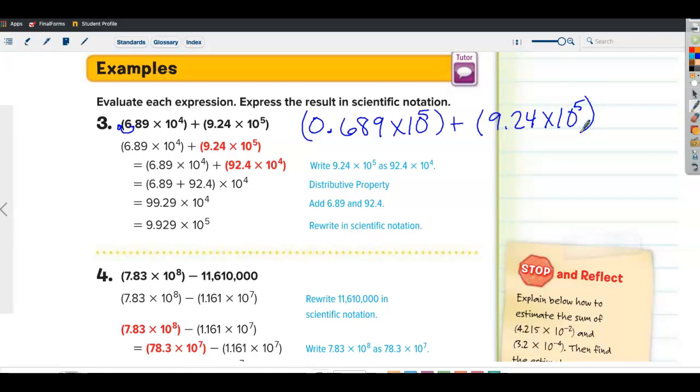Okay, now that I have the same exponent, what can I pull out? My times 10 to the 5th, right? And I have 0.689 plus 9.24. So when you add those decimals together, what do you get?